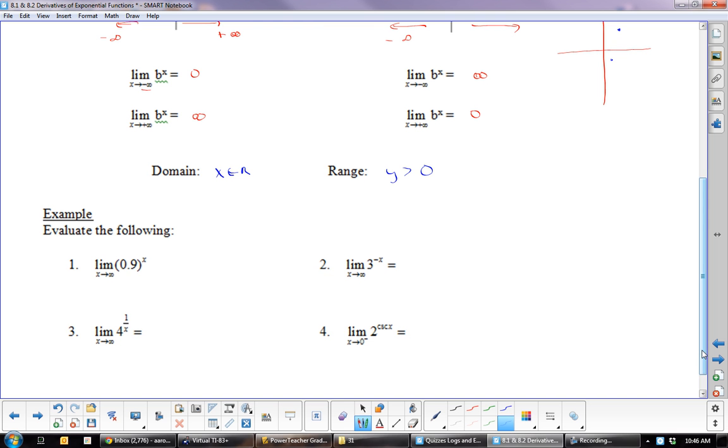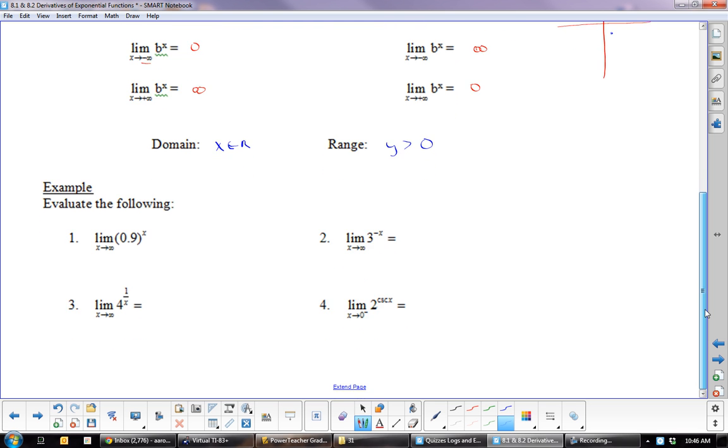So what would be the graph of y equals 0.9 to the x? Now, got to remember, this is what that graph looks like. So as we go to infinity, this will approach 0. Okay, now 3 to the negative x.